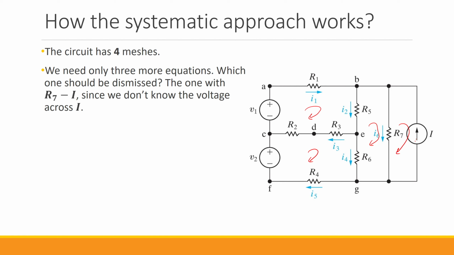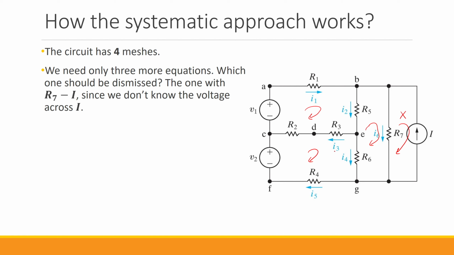So out of the 4 meshes that we have, which one of them we cannot use? The mesh that includes this independent current source we cannot use, because if you remember from before, we said that for current sources we don't know the voltage across them until everything in the circuit is solved. So because of that we cannot use this mesh.